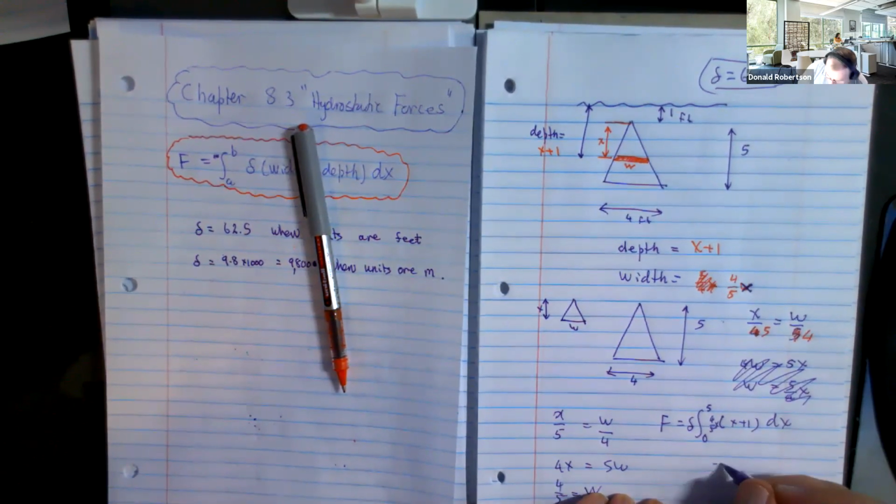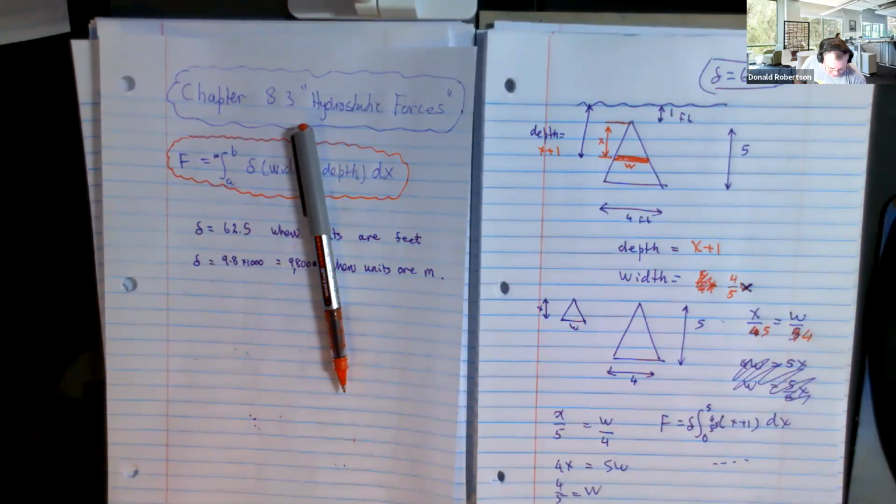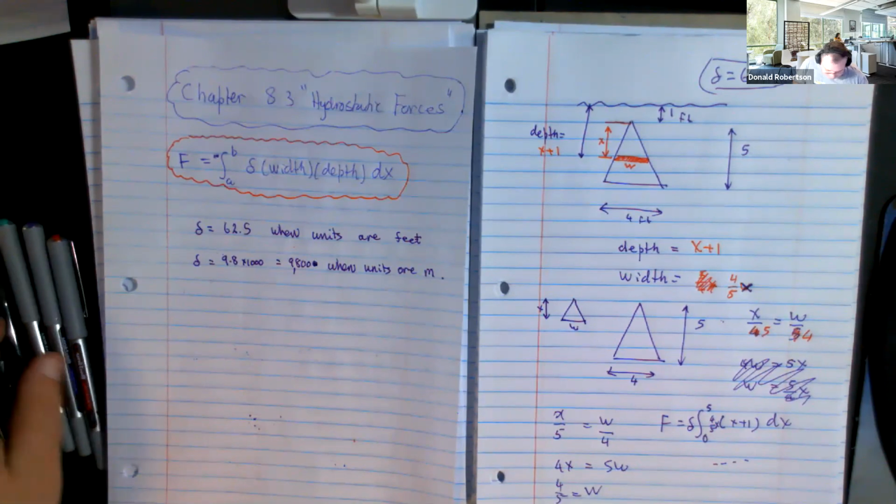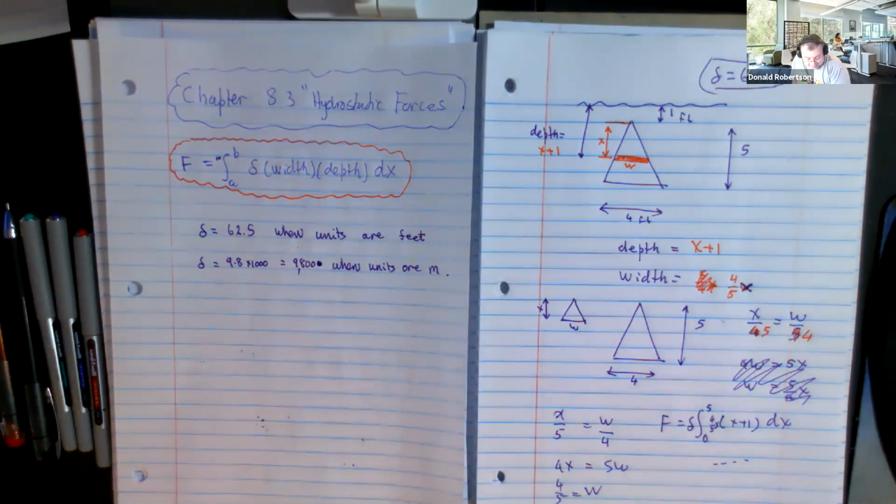And yeah, dot, dot, dot. So if I give you a triangle, isosceles right angled, and I give you it pointing up the way or pointing down the way, do you feel comfortable about getting the hydrostatic force?